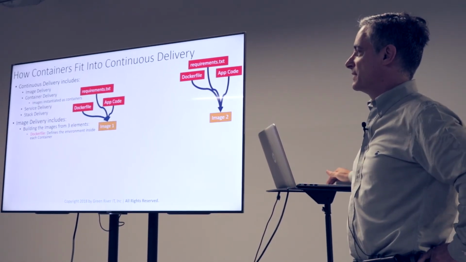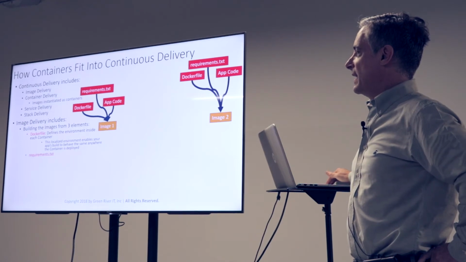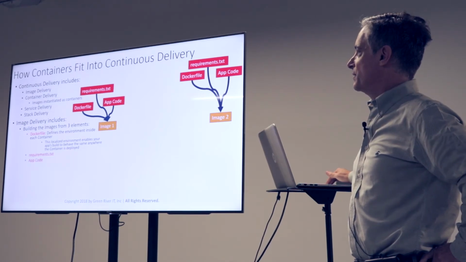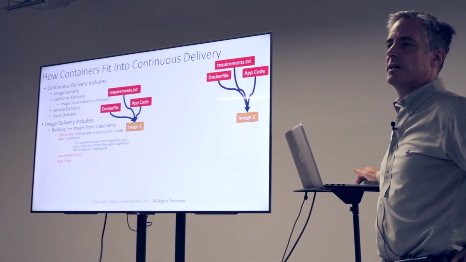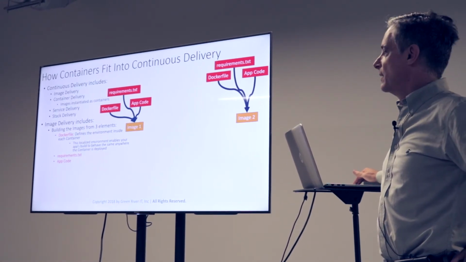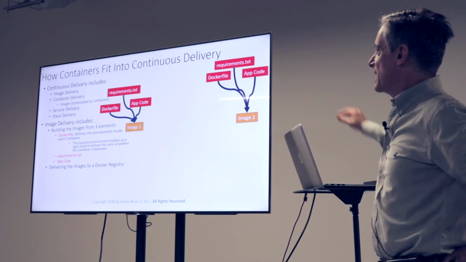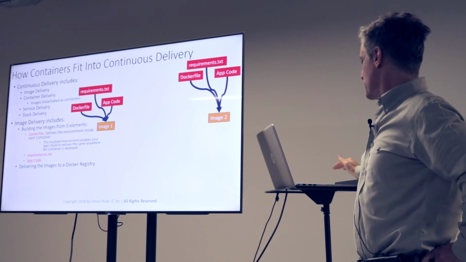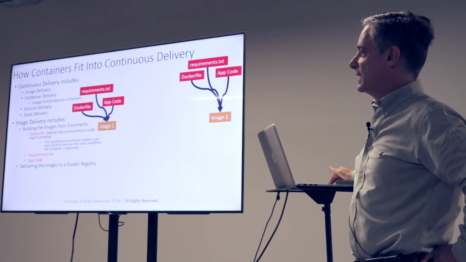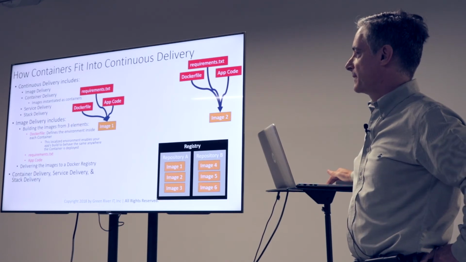So the Docker file defines the environment, and the requirements, I just told you, tells you what to download. And the app code is something that can be very, very complex because it's our app. But it can be discretized into this element. We can talk about it as the app code here. So in delivering the images, we build them and then we deliver them to the registry.